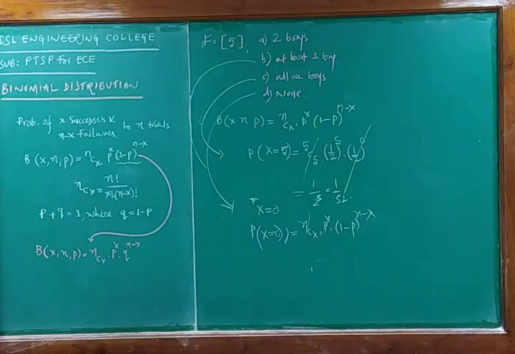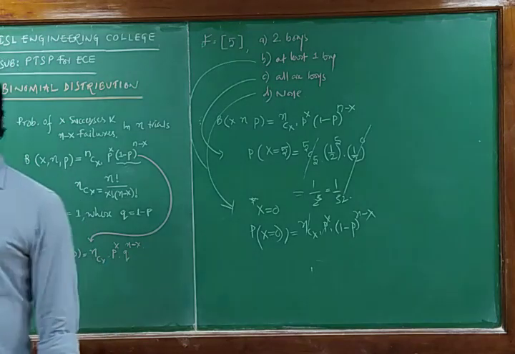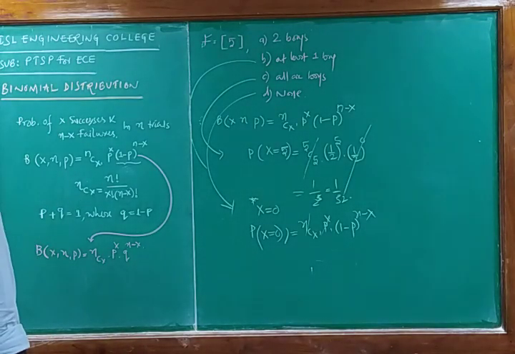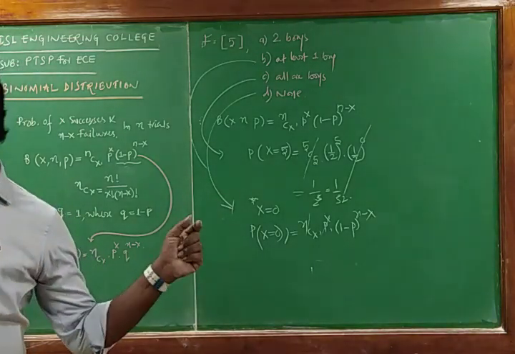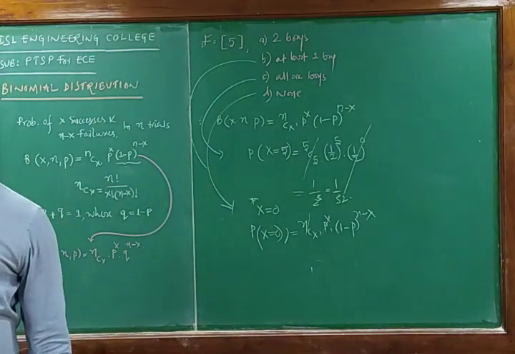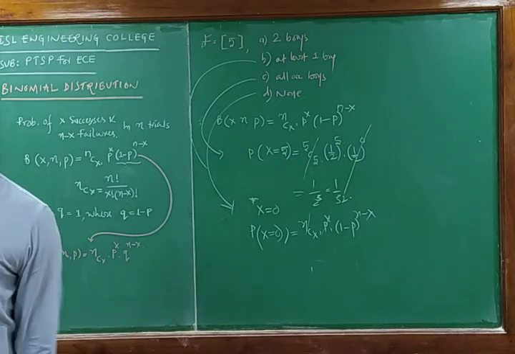By using the binomial distribution, we are going to have one more problem. A box contains 9 cards numbered from 1 to 9. That means we have a box in which we have 9 cards, all numbered 1 to 9.